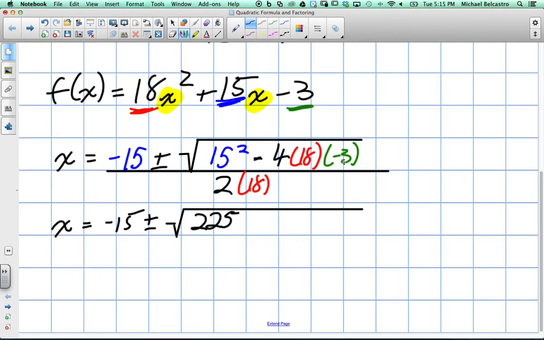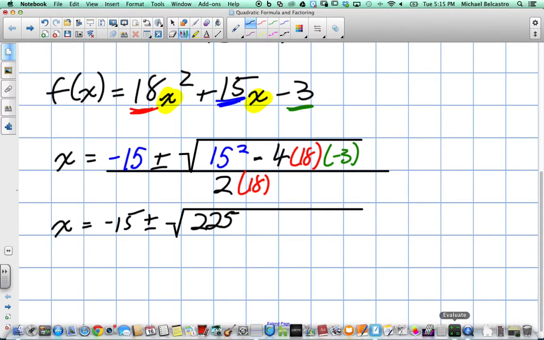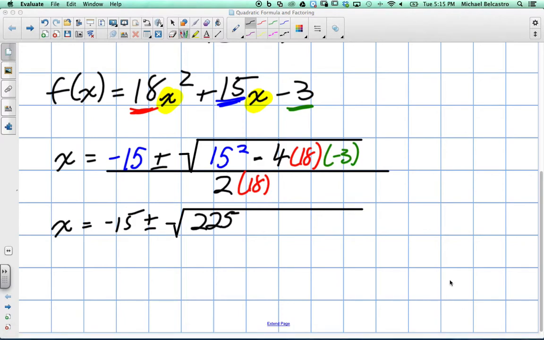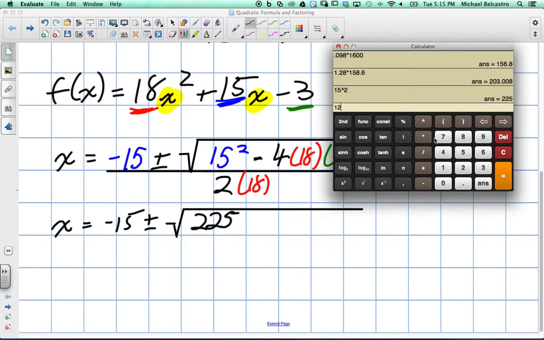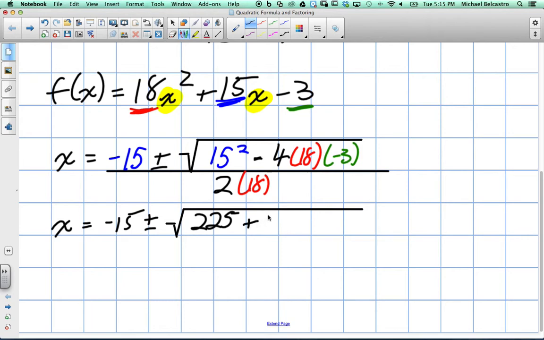So that's going to be a positive 12. So it's really positive 12 times 18. When you're multiplying, it doesn't matter what order you do things in, so I just did that so I could put less information here. So plus 216, that's what happens underneath this. Does that make sense? Okay. And then underneath we have 2 times 18, which is just 36.